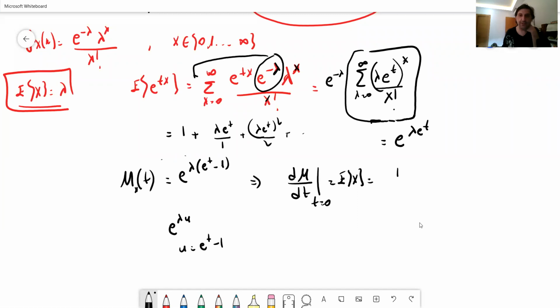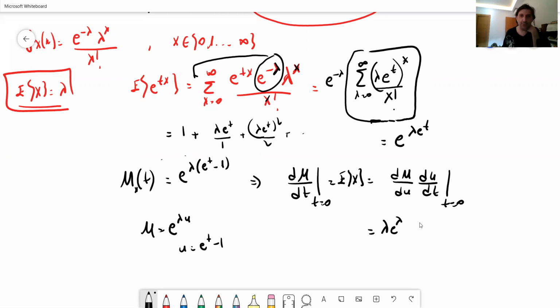Therefore, the derivative is going to be dM over du times du over dt, evaluated at t equal to 0. dM over du is going to be lambda exponential lambda u.